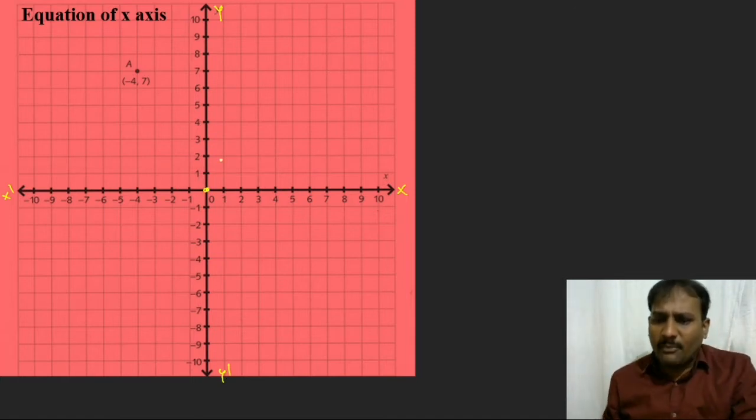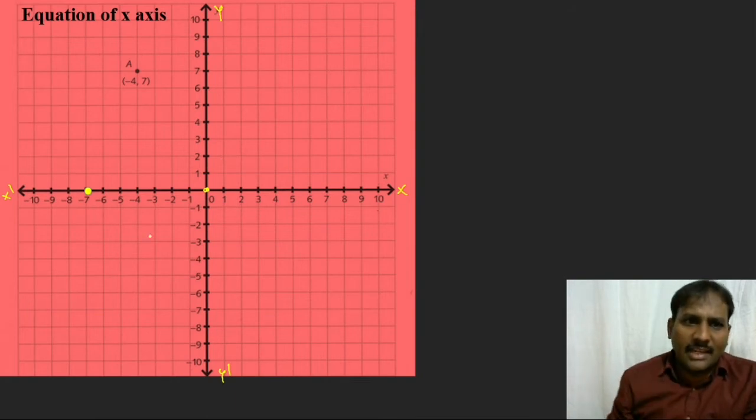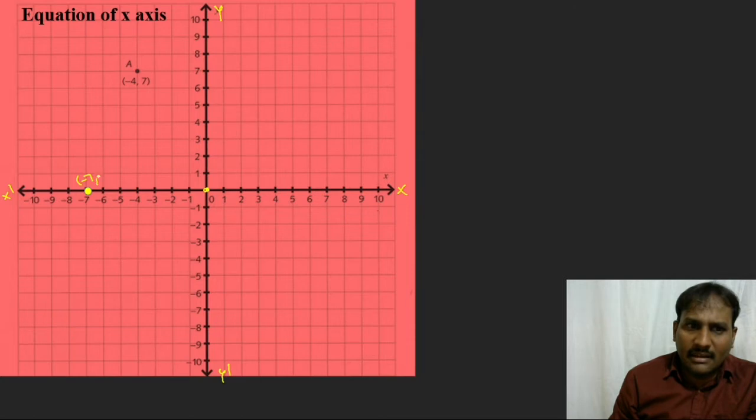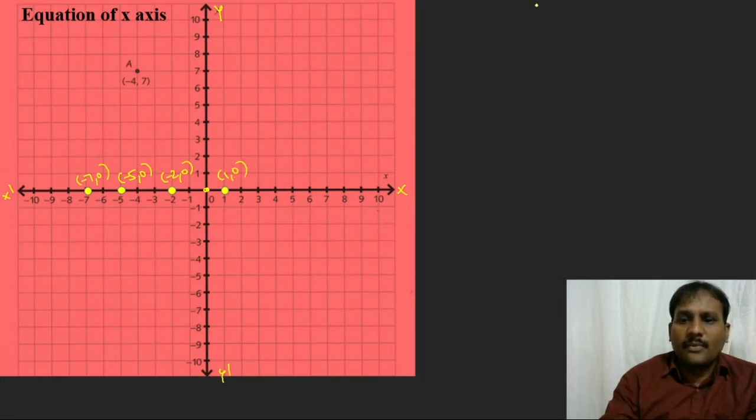Now you take some points on the x-axis, something like this. So this is minus 7, 0. Next, this is minus 5, 0. And next, minus 2, 0. The next one is 1, 0. And the next one is 4, 0.